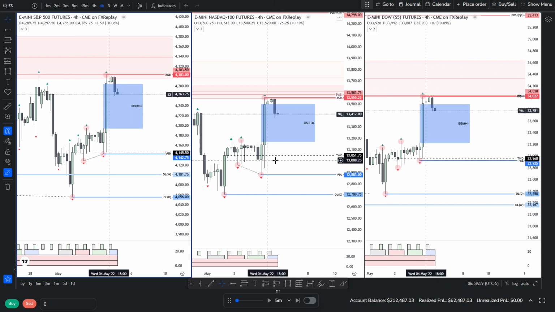Okay, so what we're going to do, as usual, let's analyze the market for Thursday the 5th. We're going to start with institutional order flow, which again, in most cases, hasn't changed.